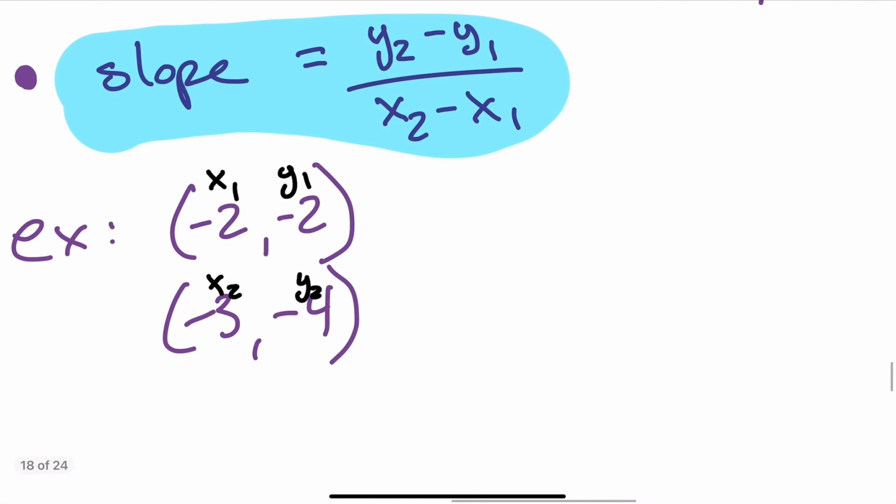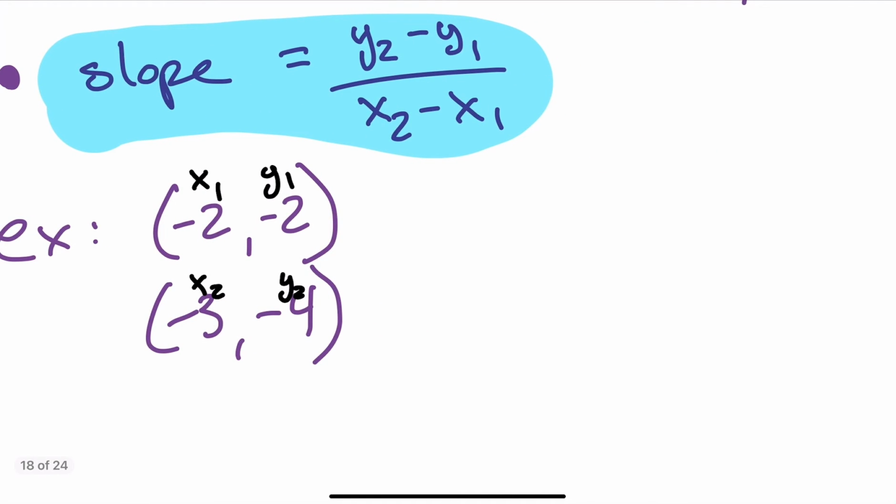Now, I'm going to start plugging each of these into where they go in our formula. For instance, y2 is equal to -4, so I'm going to put -4 in for y2. Same thing for y1. And then x2 is going to go right here, and x1 is going to go right here.